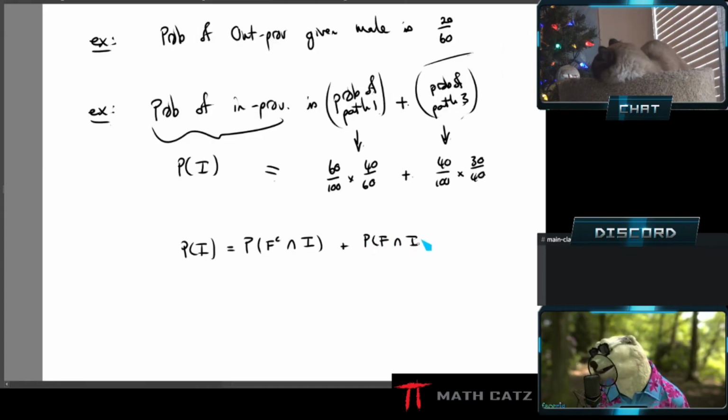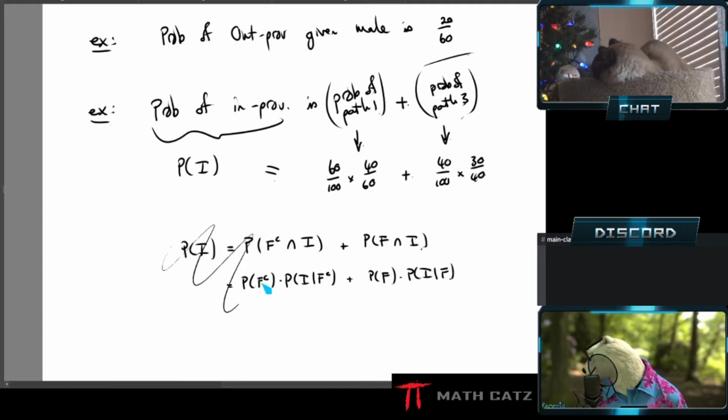And then these get split up: probability of male, so not female, times the probability of in province given not female, plus probability of female times probability of in province given female. But why do I need this? I don't need it. I just need the answer.